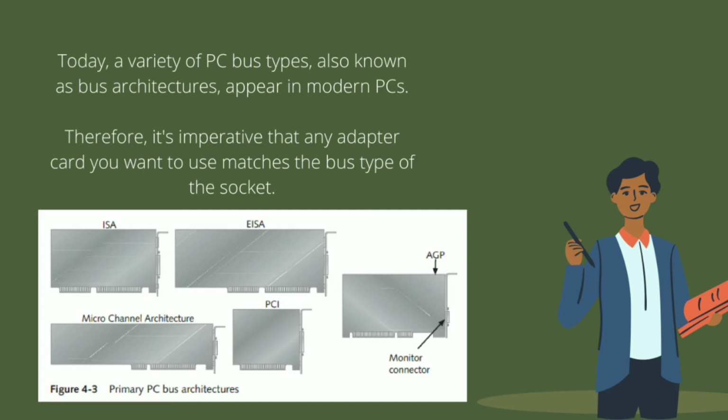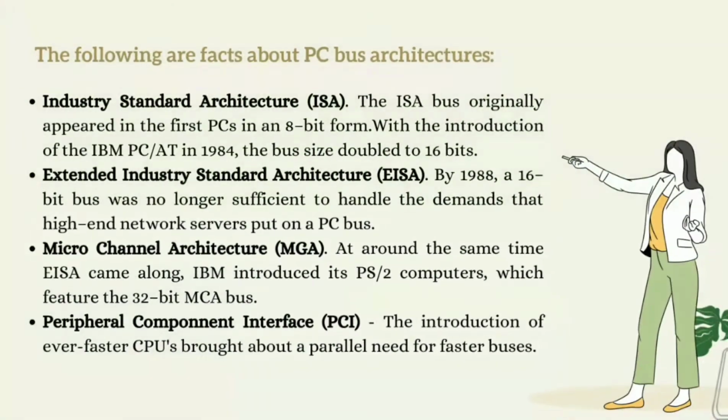You can see ISA, EISA, Micro Channel Architecture, PCI, and AGP with monitor connector. We'll discuss each one of these. So what are these primary bus architectures that have been shown in the picture? Well, these are the following facts about bus architectures.